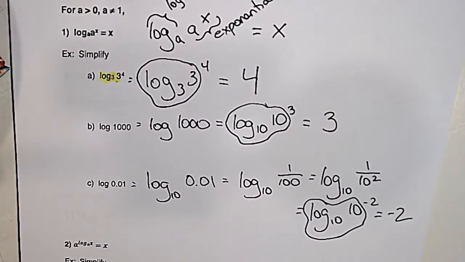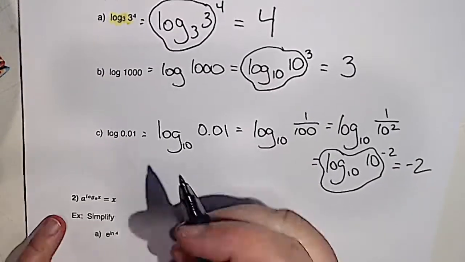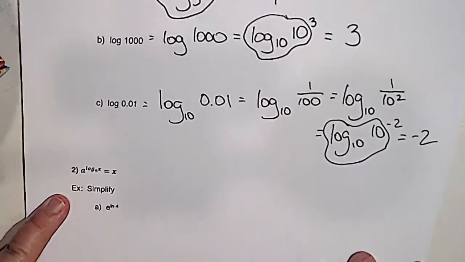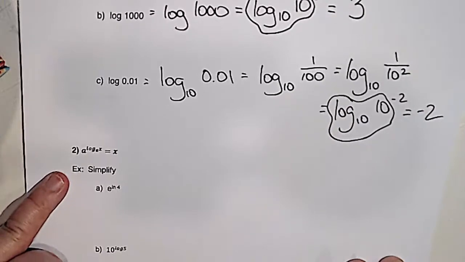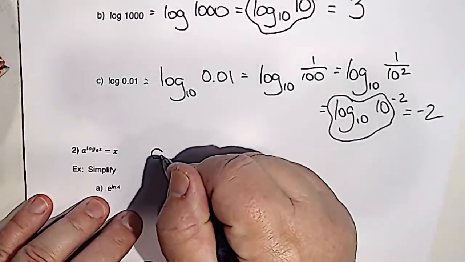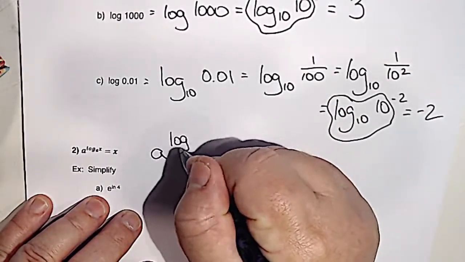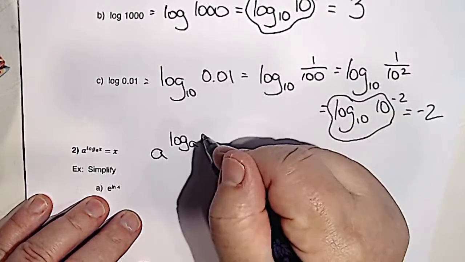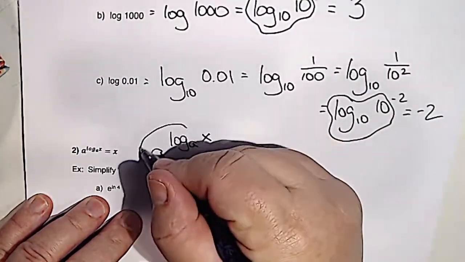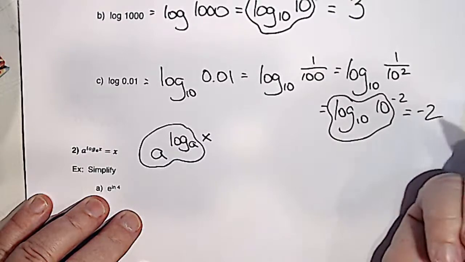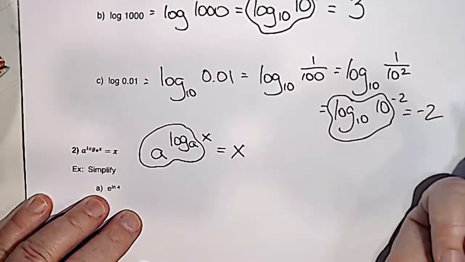Okay, so that's the first one. Logarithms and exponentials cancel each other out. It turns out going the other way around also cancels itself out. So what is the other way around? Well, if we take a and raise it to the power of logarithm, the a raised to the power of logarithm also cancels itself out.